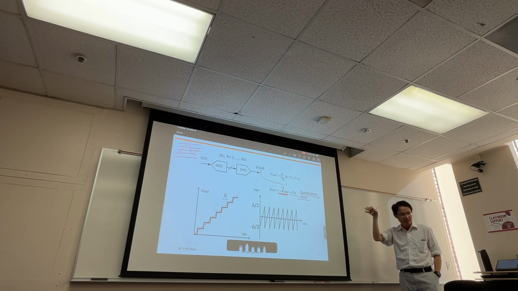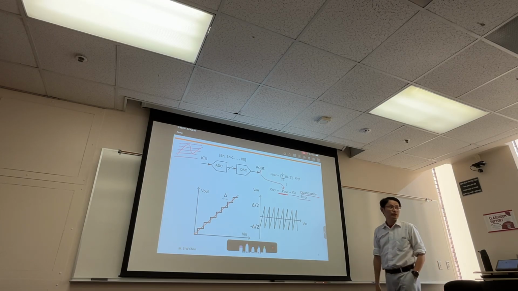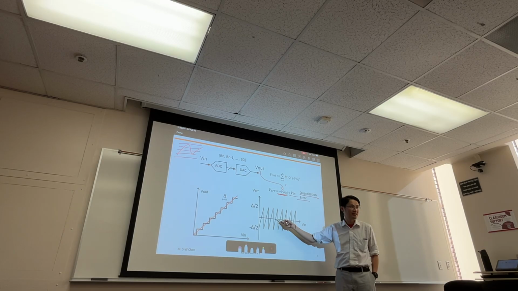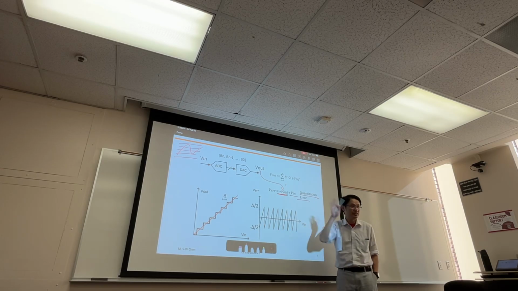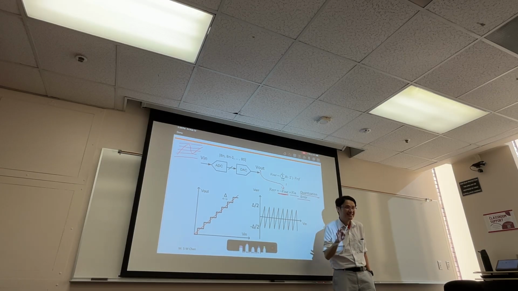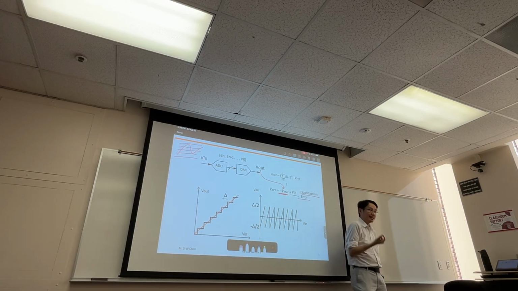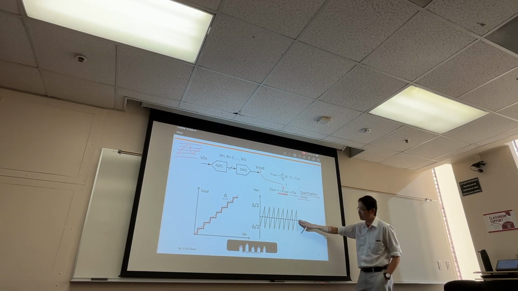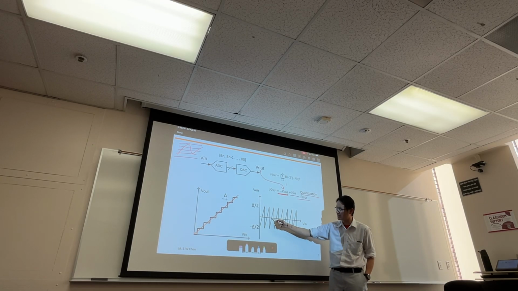In fact, if you use this ADC to quantize some DC signal, let's say your input is V in DC, and if you are so lucky, your input is right here, just by quantization, you actually have no error at all. Look at all this range: there are only a few points where you can get a 0 error.